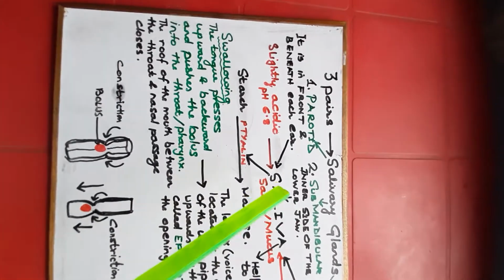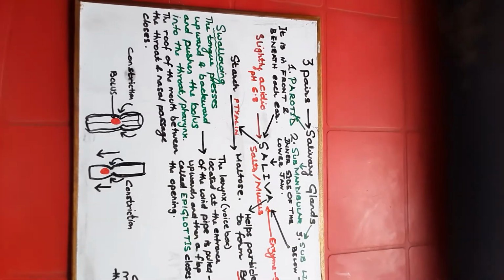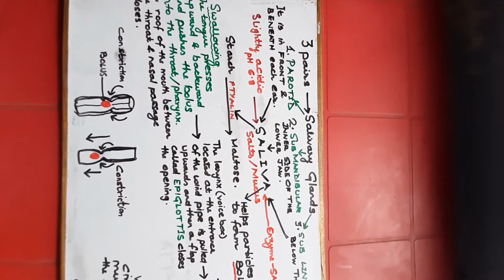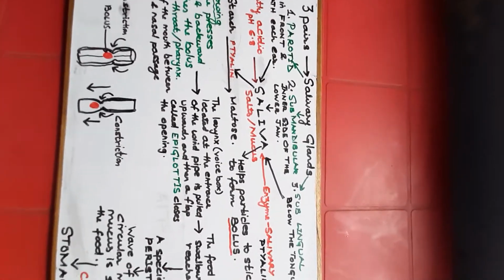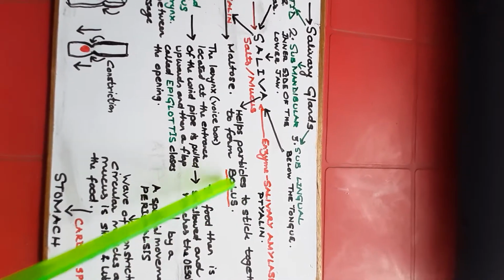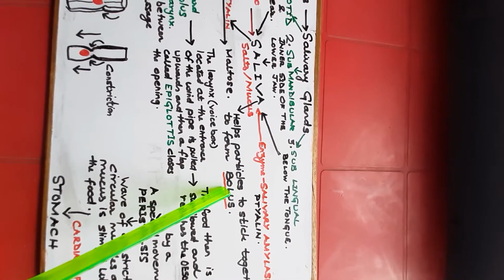Now, what does the saliva do? Saliva lubricates the mouth. It helps us in speaking. It helps the particles of food to stick together to form one ball-like substance known as the bolus.